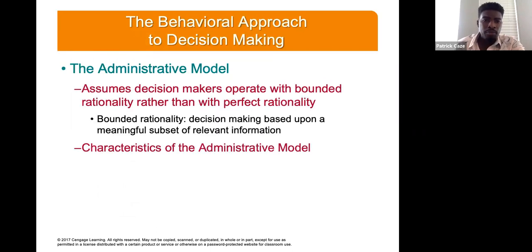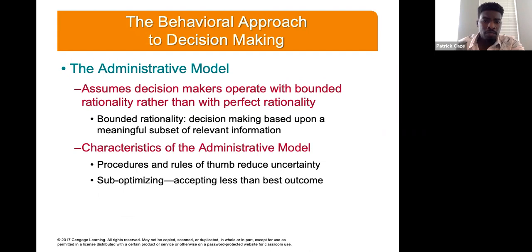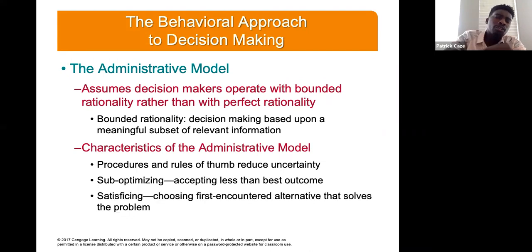You have the behavioral approach to decision making. All right. So you've got the administrative model, which is a subset of the behavioral approach. It says that people who use this approach operate with bounded rationality rather than with perfect rationality.